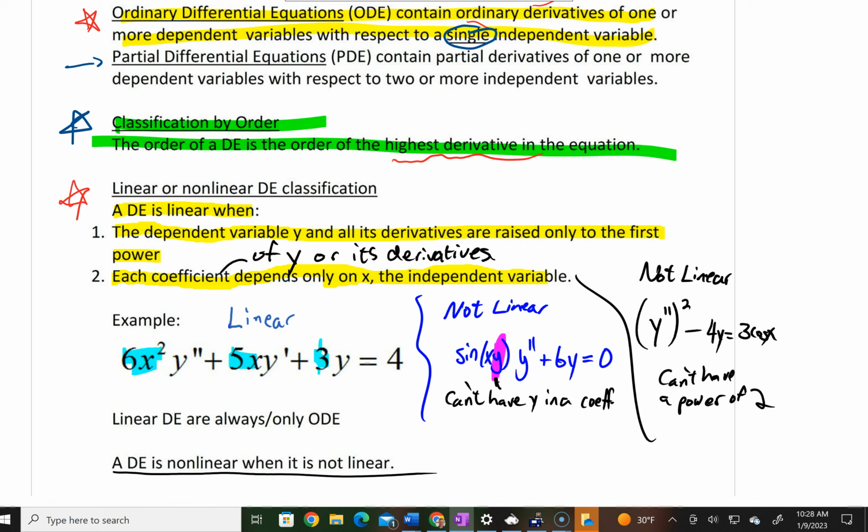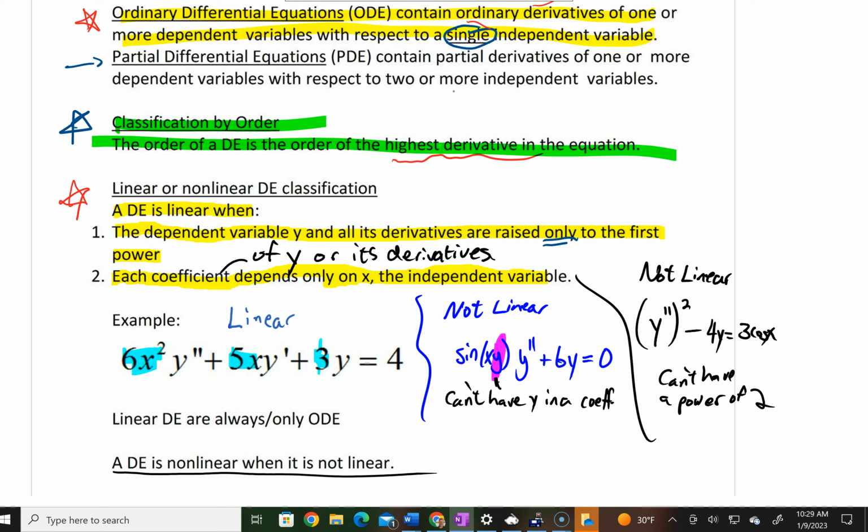Linear and nonlinear, you can see that's really what we had for our learning targets. A differential equation is linear when two things are true. Number one, the dependent variable y and all its derivatives are raised only to the first power. Any derivative is only raised to the first power.